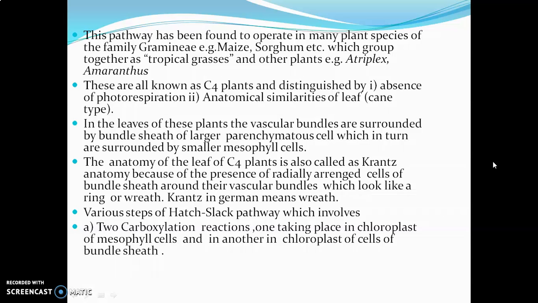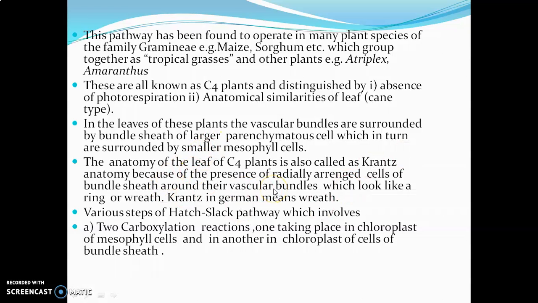The chloroplasts in the bundle sheath cells are larger and usually lack grana, but the chloroplasts in mesophyll cells are smaller and always contain grana. In maize and sugarcane, plasmodesmata have been observed which connect the bundle sheath cells with adjacent mesophyll cells.